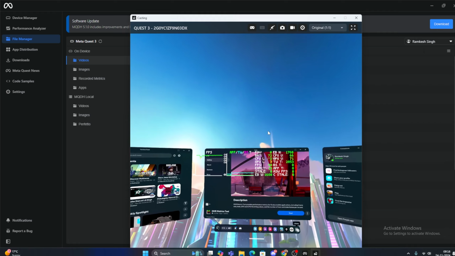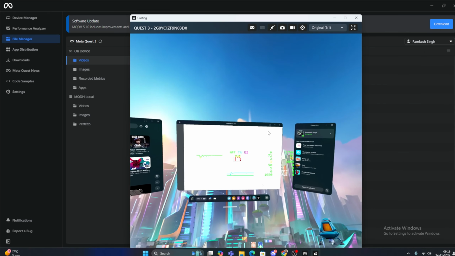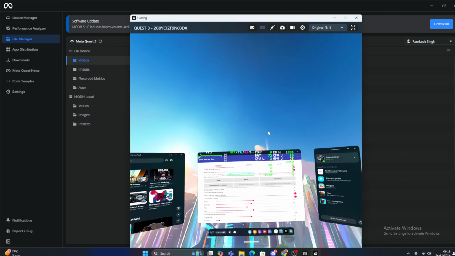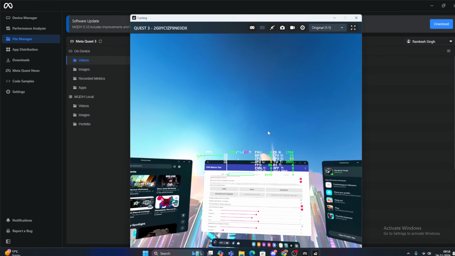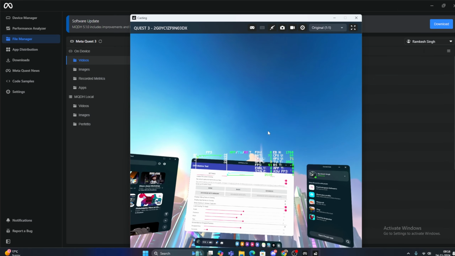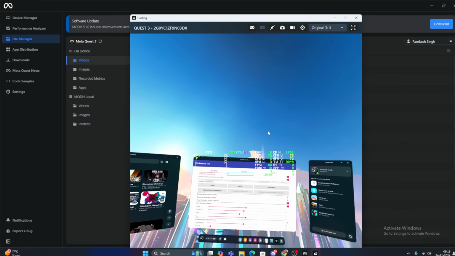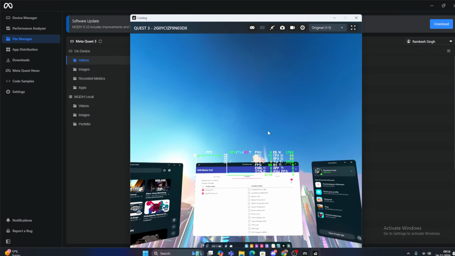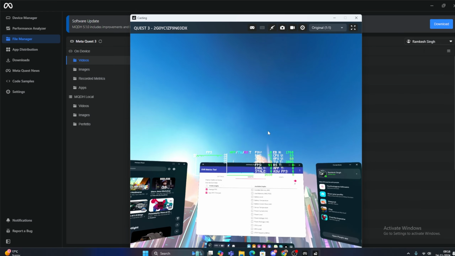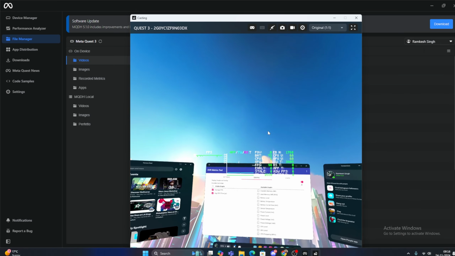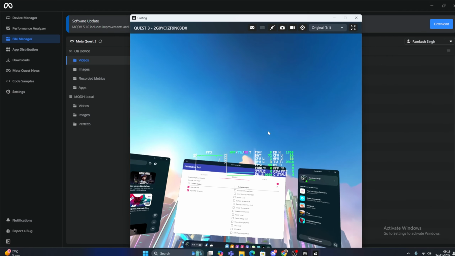Whenever you open this, first you have to go here and enable the persistent overlay whenever you want to turn it on in your device. If you want to show the graph, you can; currently I'm showing the graph, which is average FPS and GPU time.